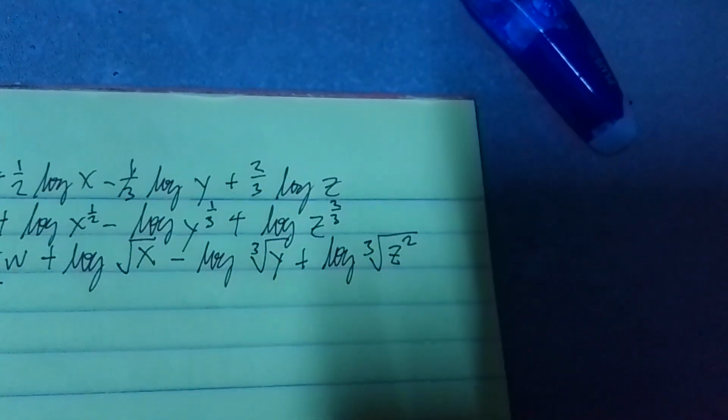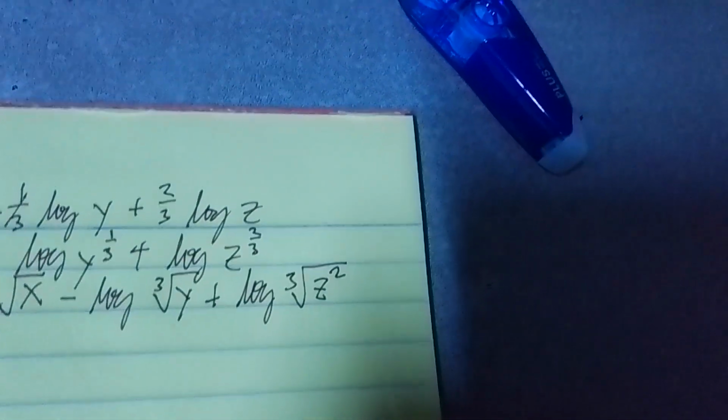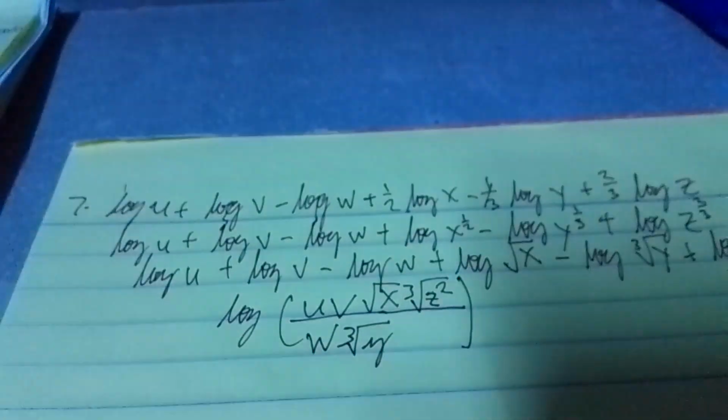Plus. So, kung plus, nasa taas. What about w? Nakita mo may minus dito, so ibig sabihin, nasa baba. Yung x naman, square root of x. Plus or minus? Plus. Kung plus, nasan siya? Taas. Very good. Square root of x, nasa taas.